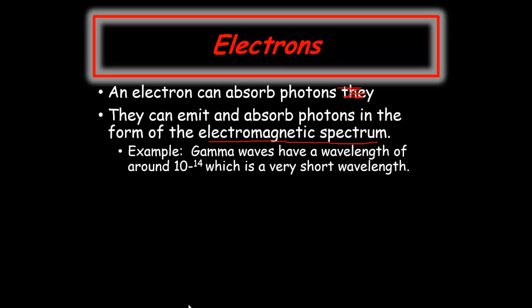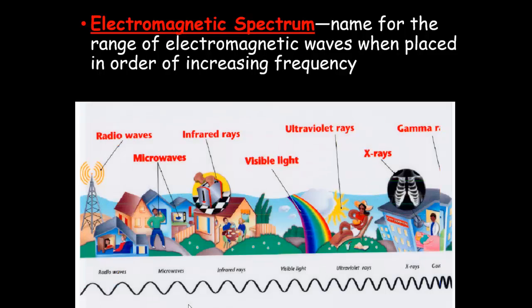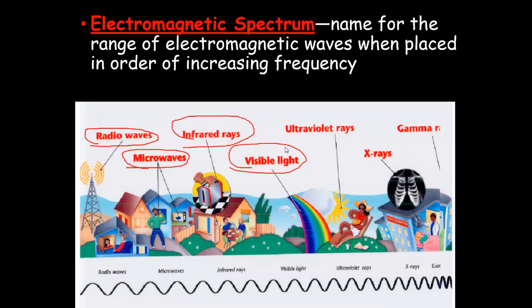So, this is the spectrum. The electromagnetic spectrum is named for the range of electromagnetic waves when placed in order of increasing frequency. If you notice, we get everything from radio waves to microwaves, infrared waves, visible light, ultraviolet rays, X-rays, gamma rays.